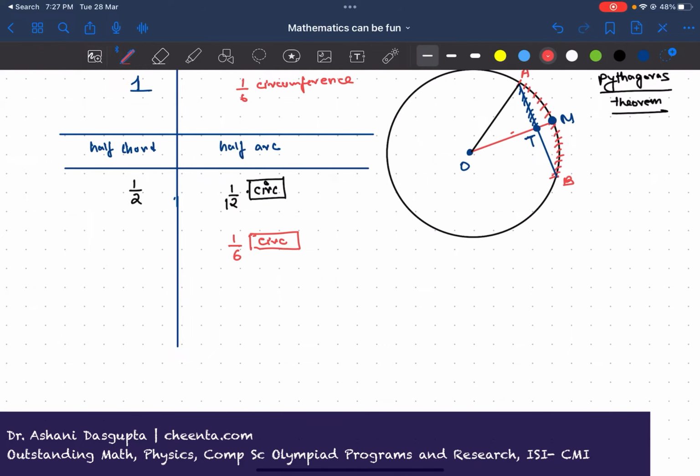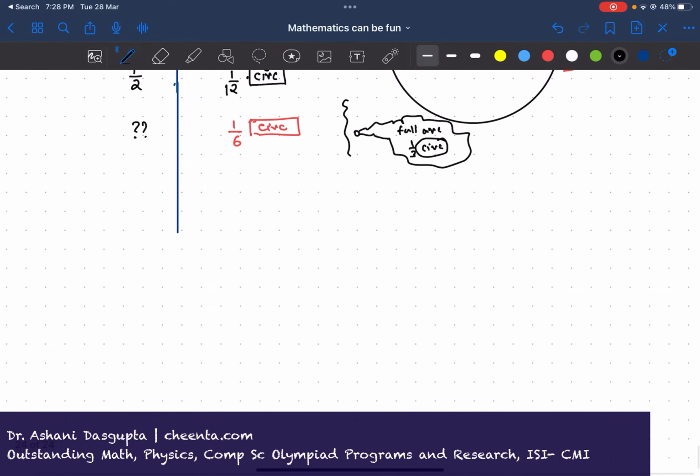That means the full arc, we will calculate it in our mind, must be 1/3 of the circumference. So we have to divide the circle into 3 parts. And we want to know the half chord length. So let's do the calculation. Let's draw the circle one more time.